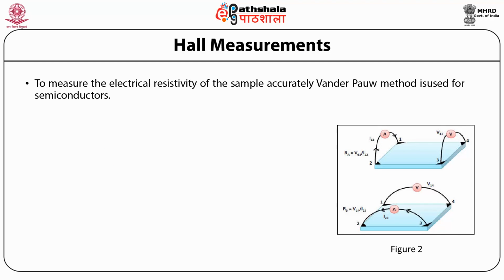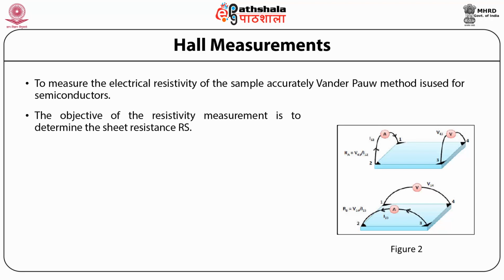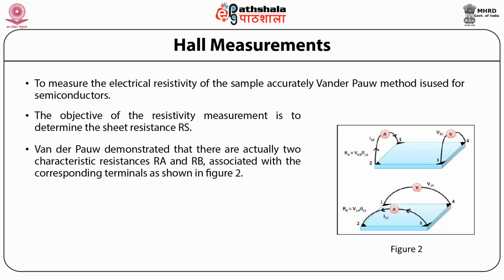To measure the electrical resistivity of the sample accurately, the van der Pauw method is used for semiconductors. The objective of the resistivity measurement is to determine the sheet resistance Rs. Van der Pauw demonstrated that there are actually two characteristic resistances Ra and Rb associated with the corresponding terminals, as shown in figure 2.